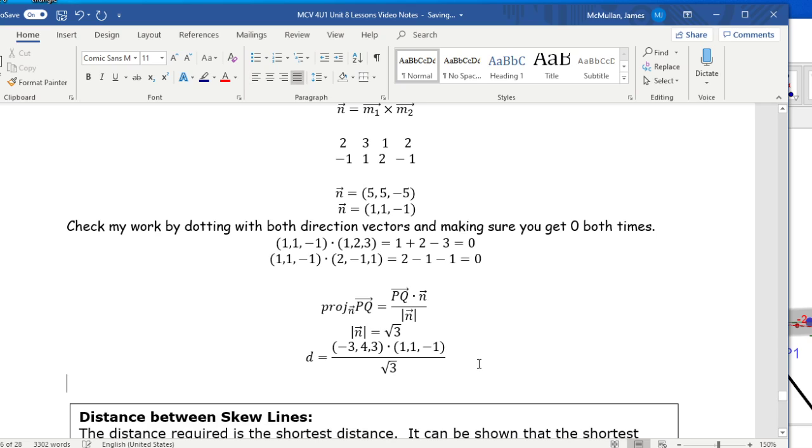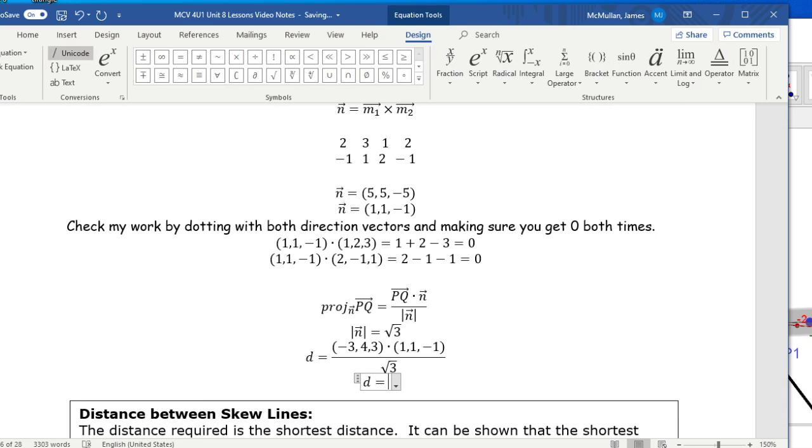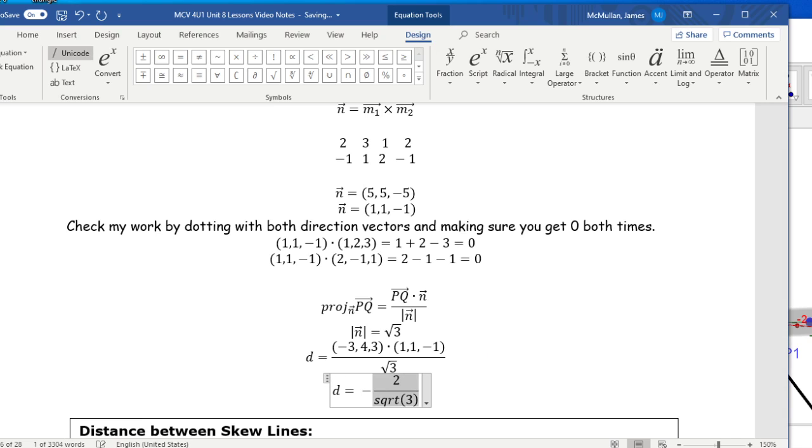Okay? And what we're going to get here is that D is equal to negative 3 times 1 is negative 3, 4 times 1, so negative 3 plus 4, take away 3 again is negative 2, over square root 3.